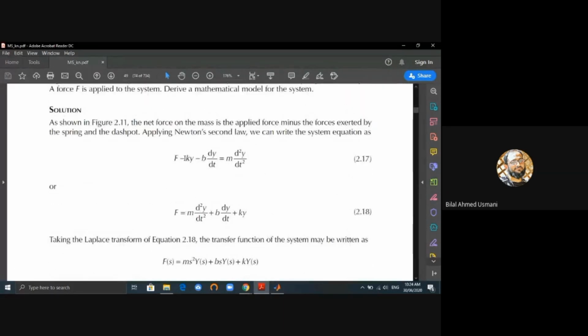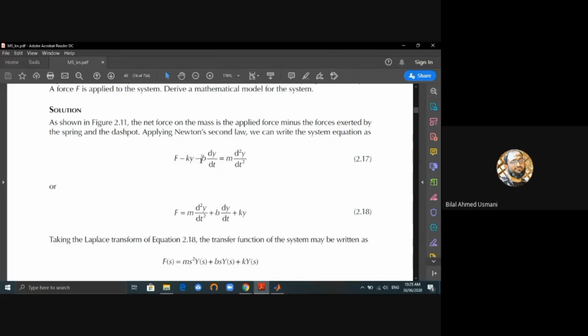So minus ky and minus b are being subtracted because these forces are in different directions. If you compress a spring from top to bottom, the response is always the inverse, so that's why we put a negative sign for the response.